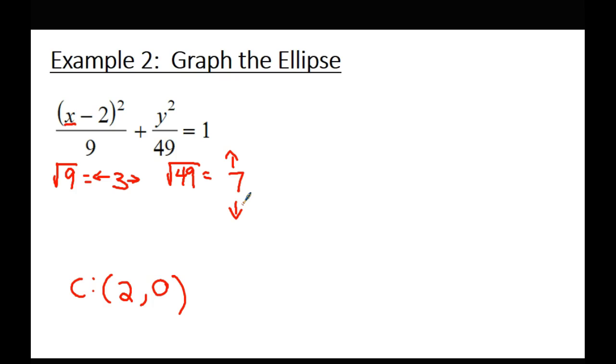All right. So we're ready to graph. My center is 2, 0. So let's go over 2 and put a dot at 2, 0. And now I'm going to go left and right 3 spaces: 1, 2, 3, and 1, 2, 3.